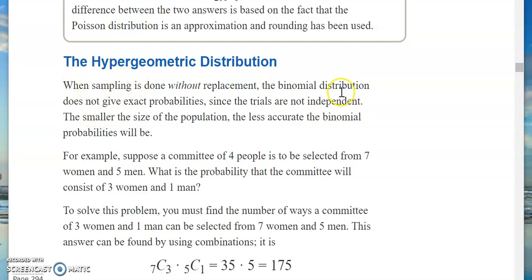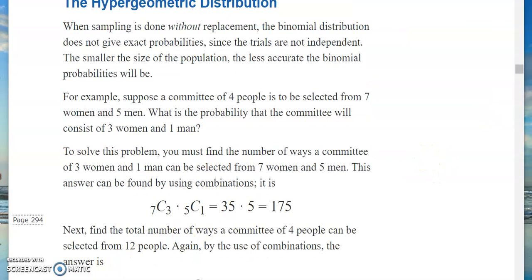So he says right there, when sampling is done without replacement, the binomial distribution does not give exact probabilities since the trials are not independent. And then the smaller the size of the population, the less accurate the binomial probabilities will be. I'm not sure that's true. Let me think about that. Okay, my bad.